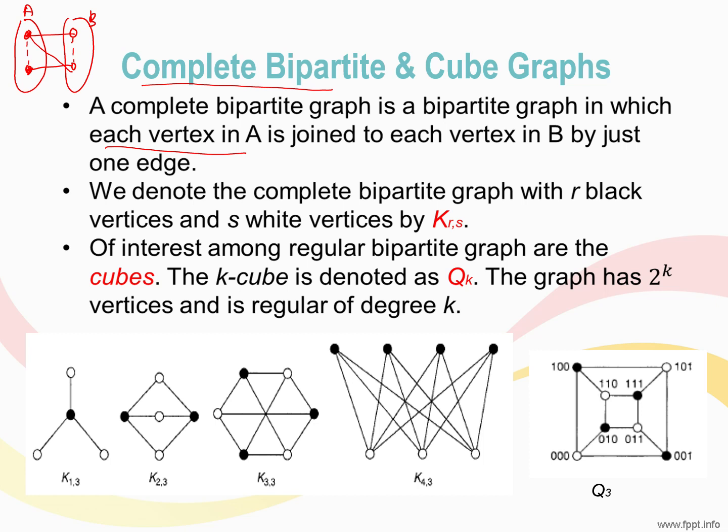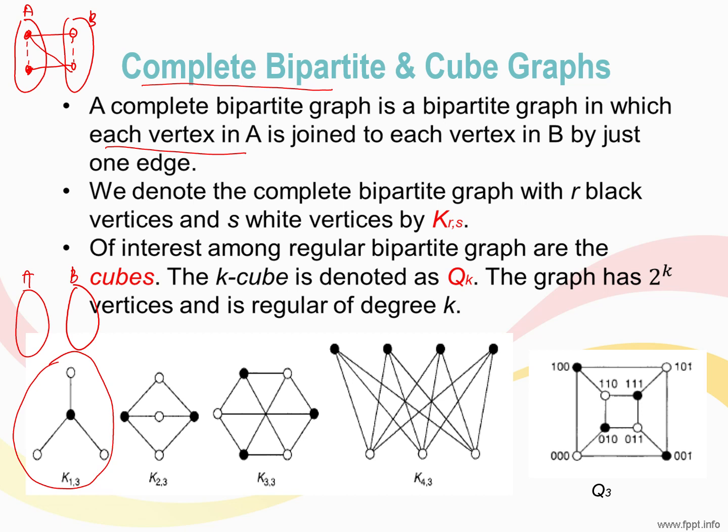An example of a complete bipartite graph is the one on the left. This graph is a complete bipartite graph because it can be drawn as two sets of vertices.